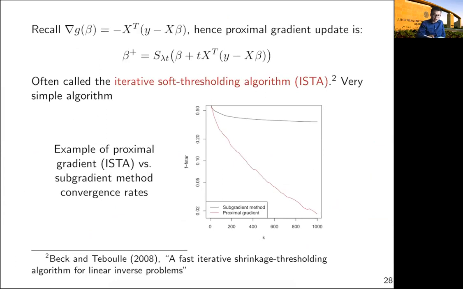If you compare the convergence of the two, you see that although they both have sublinear convergence, the proximal gradient is significantly faster than the subgradient method.